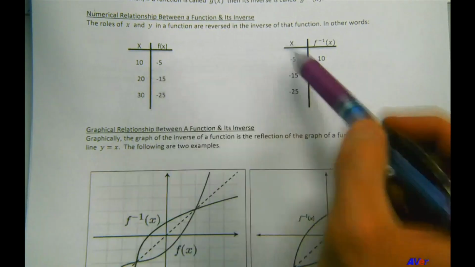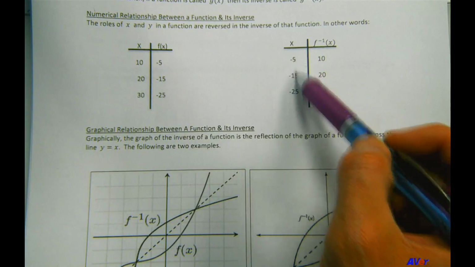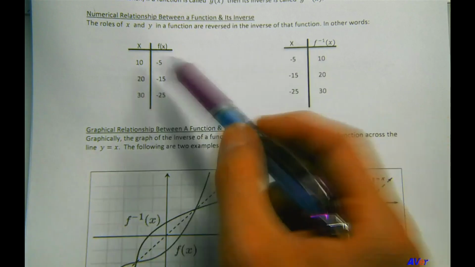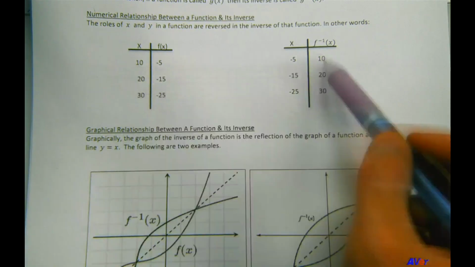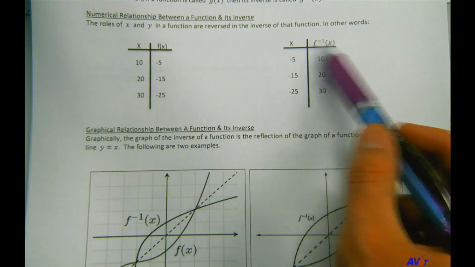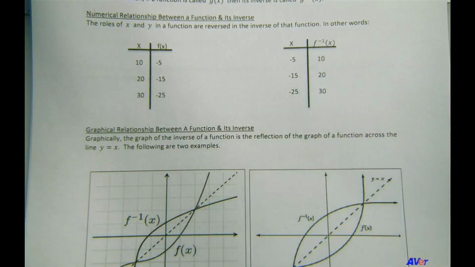And for all of those values as x, you have 10, 20, 30 as the y value, or the value of the inverse function. So any inverse function swaps the roles of independent variable and dependent variable.